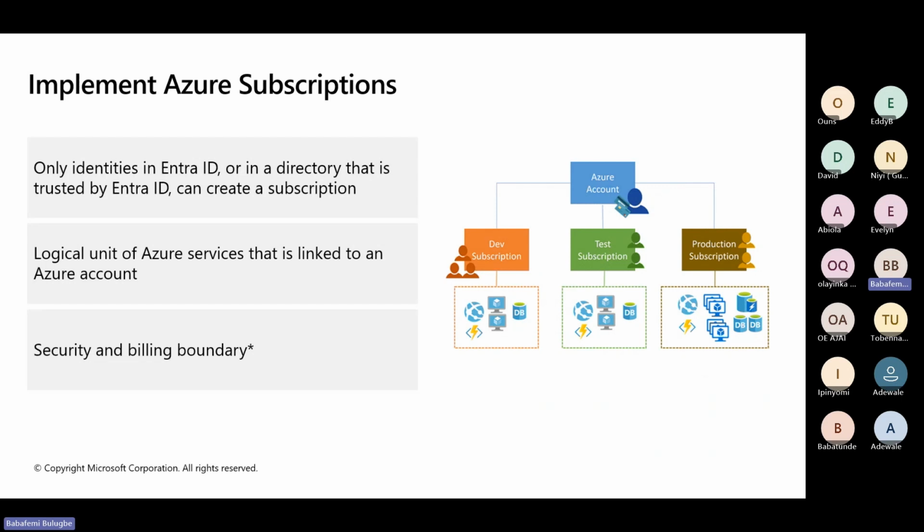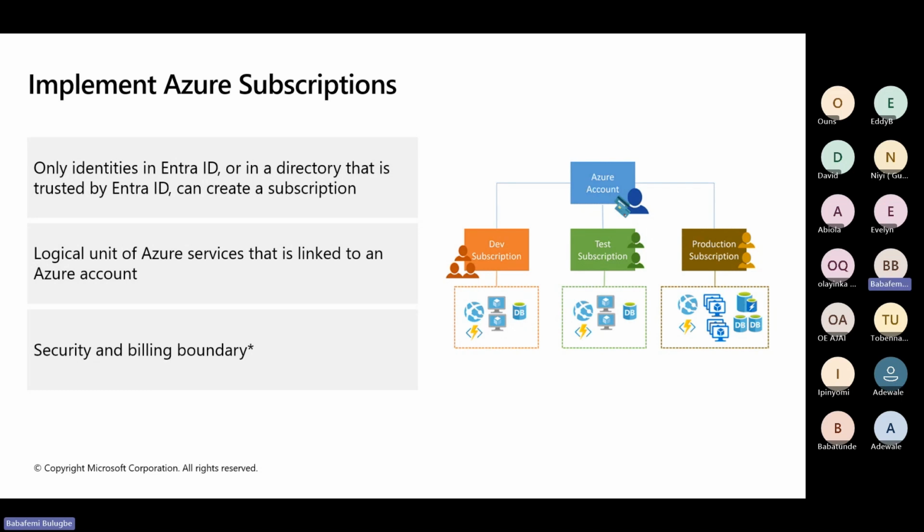We can have dev in one tenant, but let's say I created a subscription and I named it dev. That dev subscription cannot be in two different tenants at the same time. So you can only have a particular subscription in one tenant at a time.